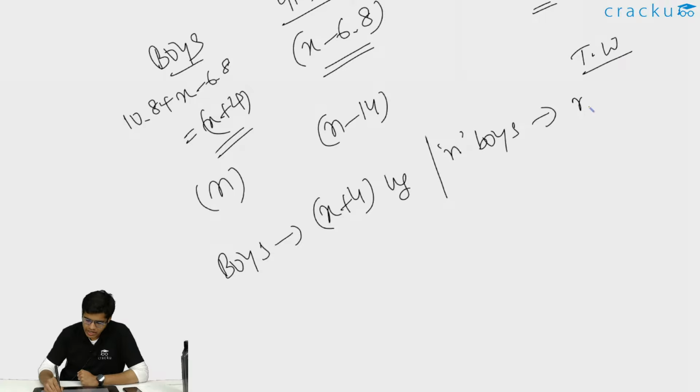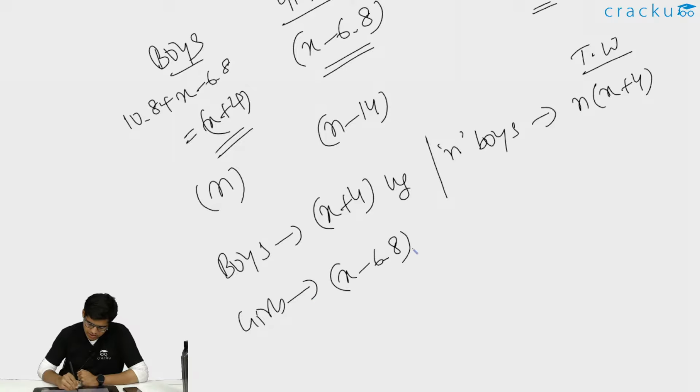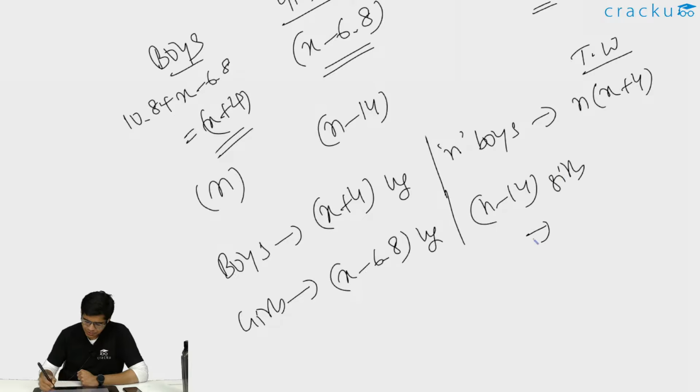Total weight would be n into x plus 4. The reason being, average is what? Average is total divided by the number of observations. So total weight will be number of observations into average. So n into x plus 4. Girls, it is x minus 6.8 kg and it is n minus 14 girls. Okay. So what will be the weight of girls? N minus 14 into x minus 6.8. Right?